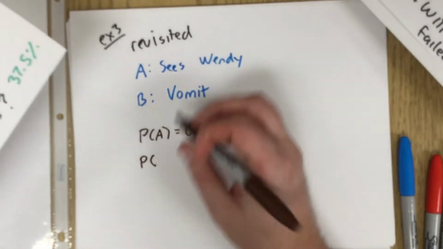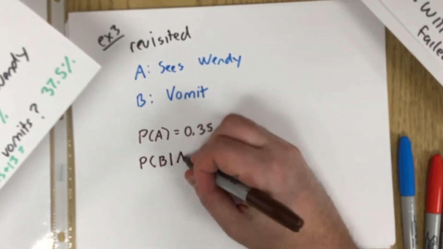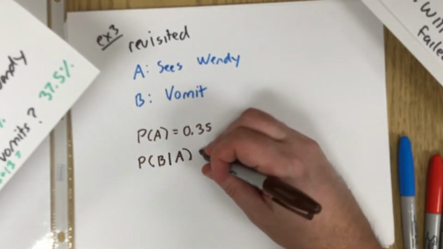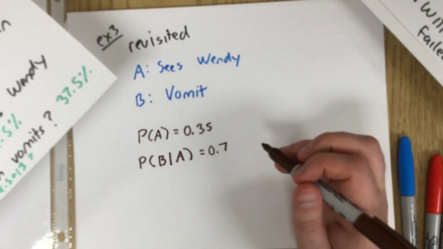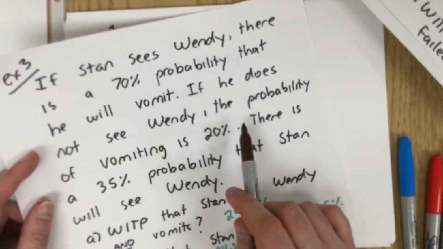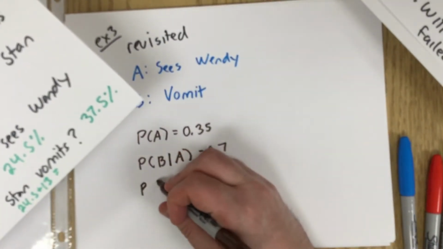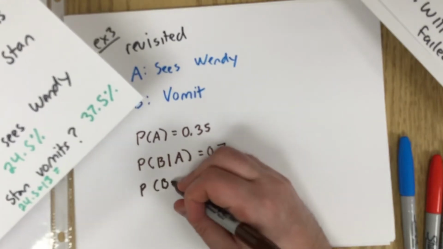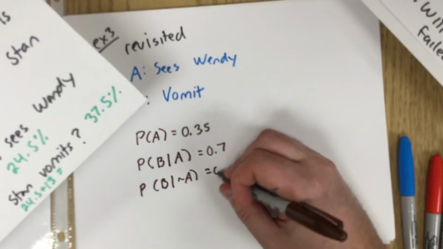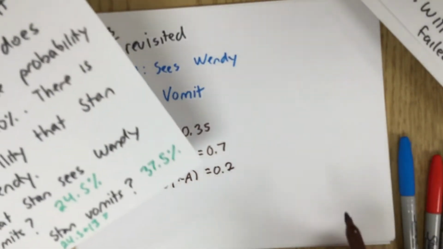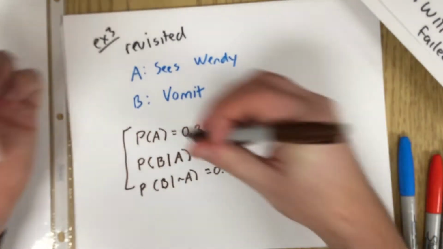So the probability of vomiting, given that he sees Wendy, is going to be 70%. If he does not see Wendy, the probability of vomiting is 20%. The probability of vomiting, given that he does not see Wendy, is 20%. Those were the givens in the problem.